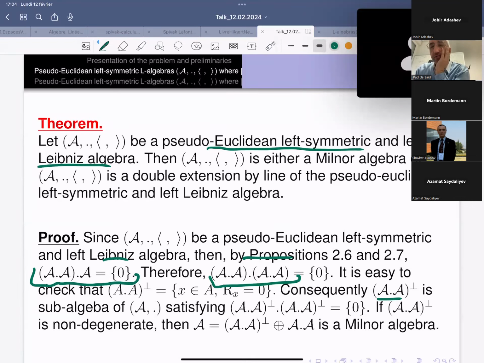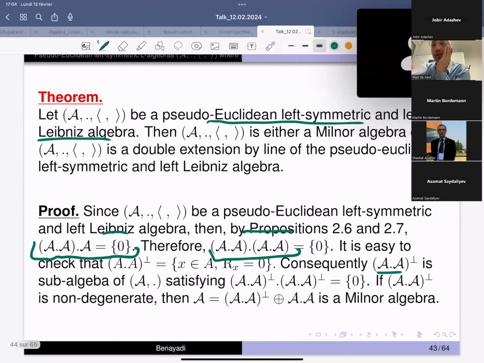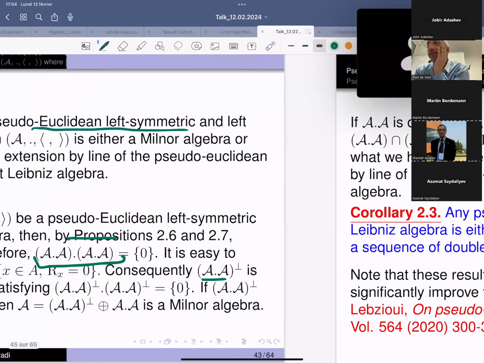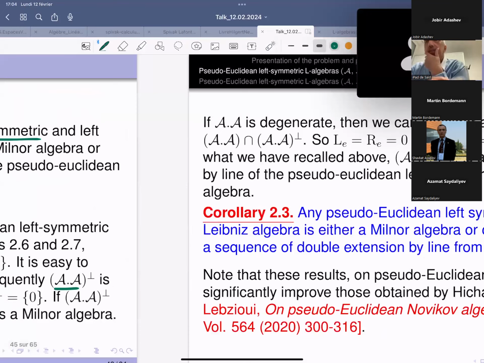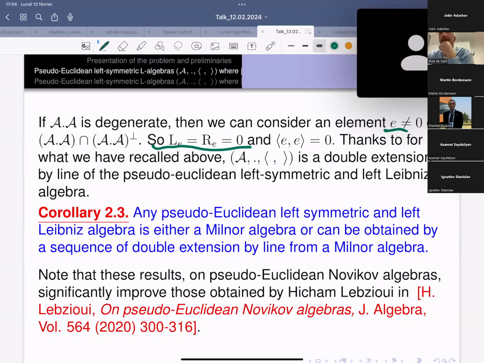If R orthogonal is not degenerate, in this case, you have a Novikov algebra. If R is degenerate, in this case, you can find an element here. This element verifies this one, and thanks to what we have called above, R is a double extension by a line.